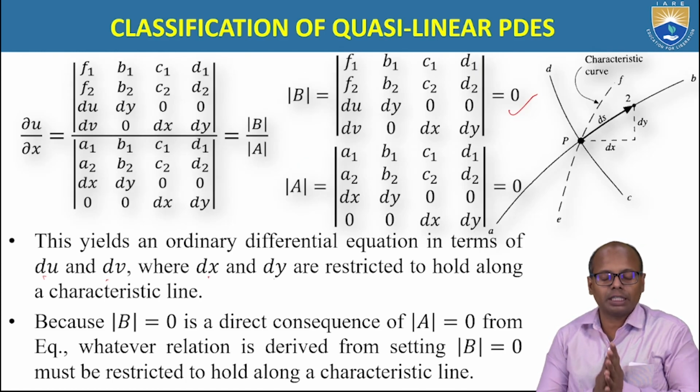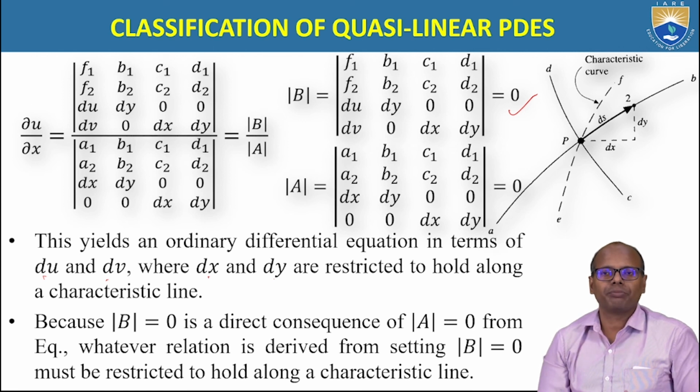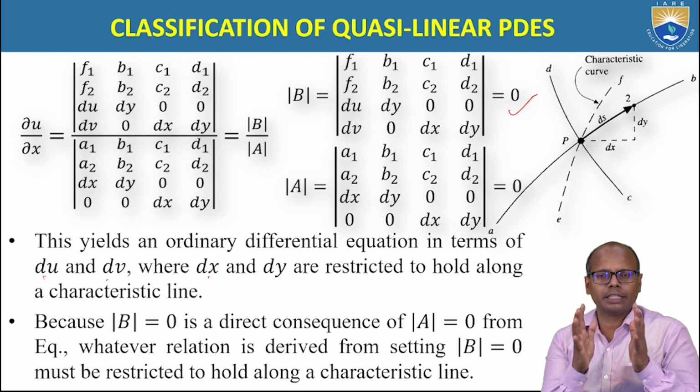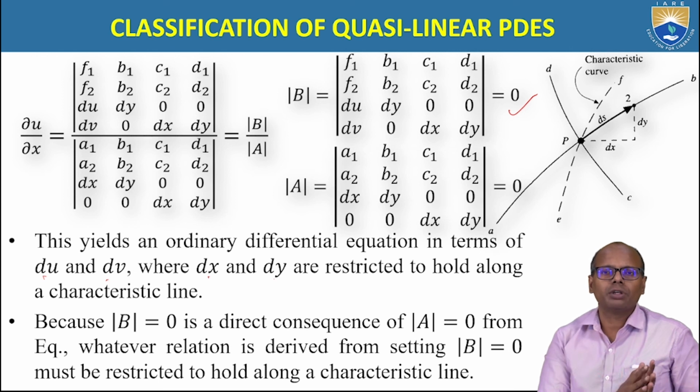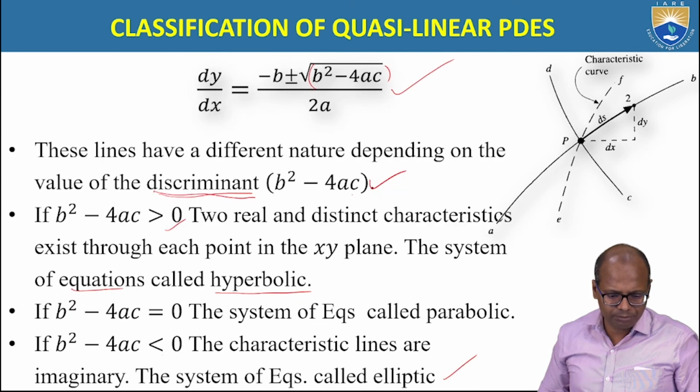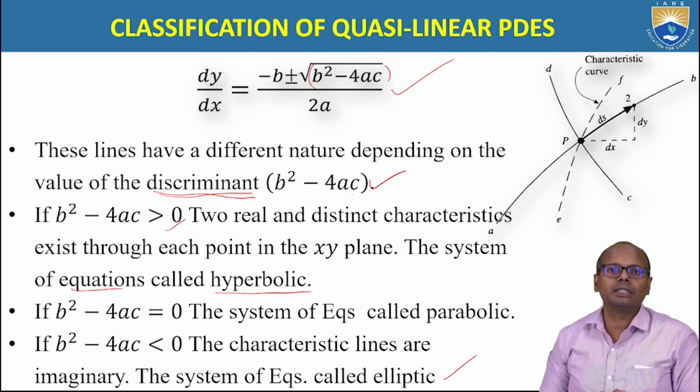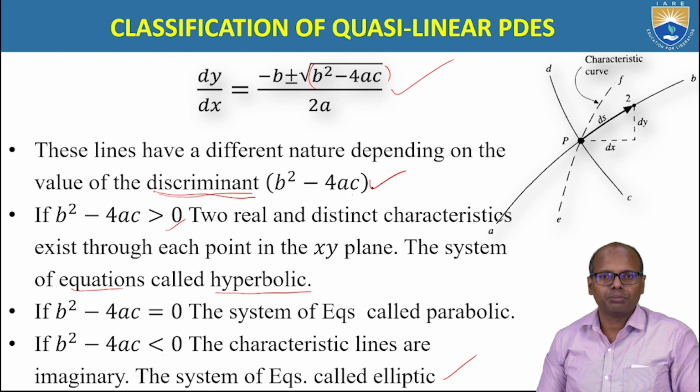So what we have seen is that if the determinant of the coefficient matrix is equal to 0, then the curves are called characteristic curves. And based on the discriminant b square minus 4ac of this equation, we classify the equations as hyperbolic, parabolic or elliptic.